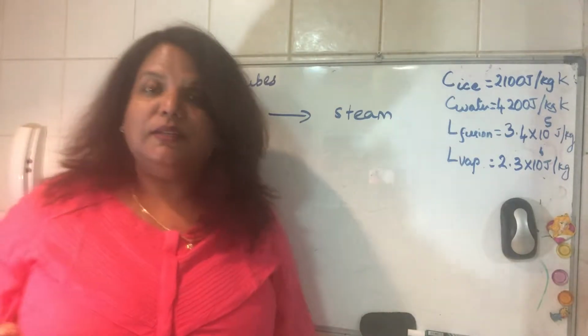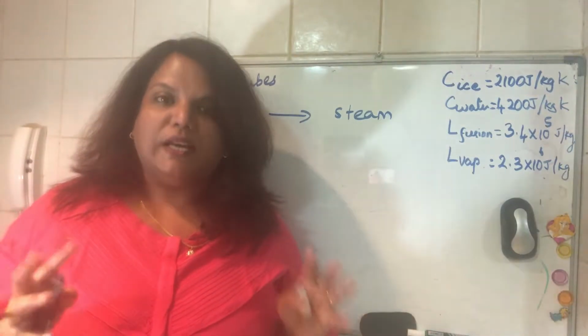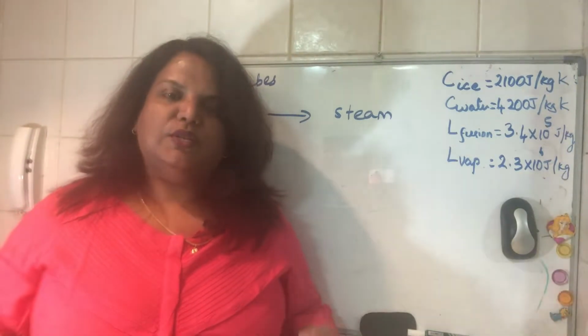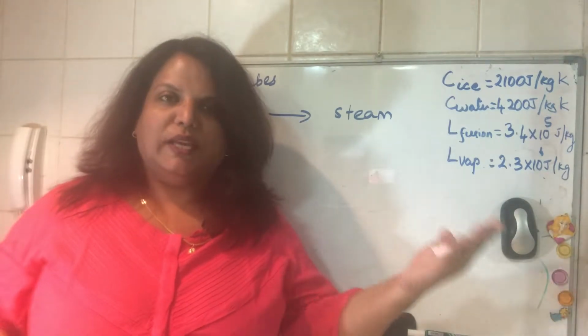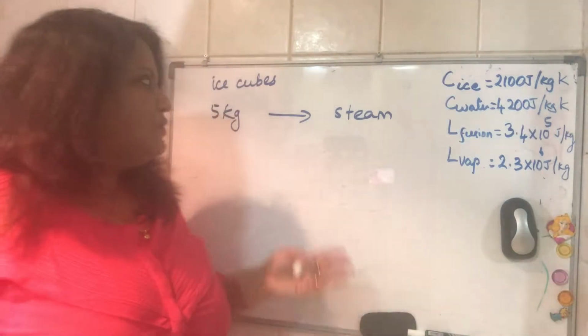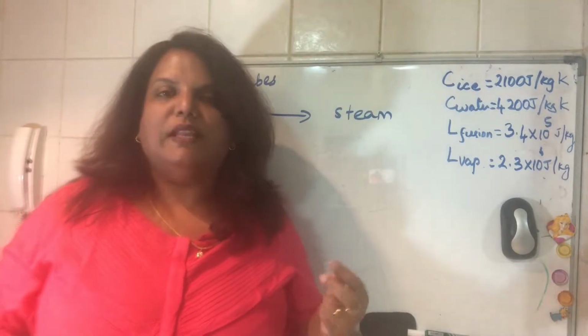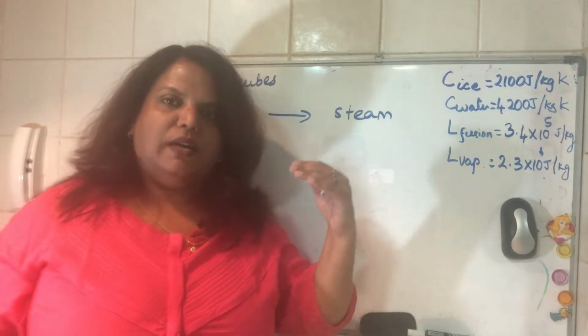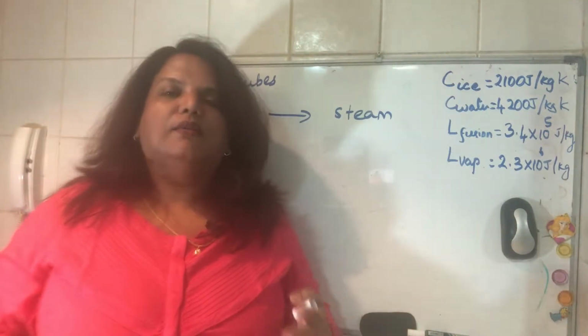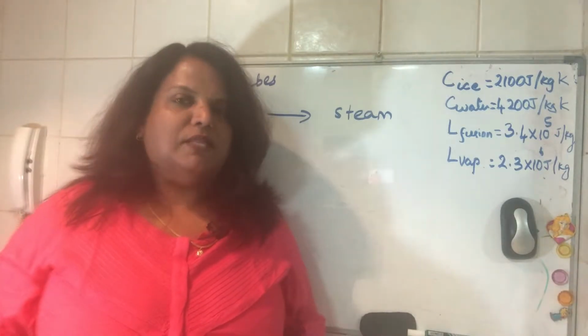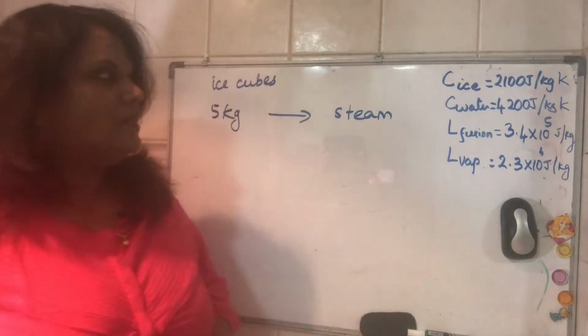The question is very simple. You want to convert all of it to the gaseous state and find the energy required. If you know how to go about it without any mistakes, then you will arrive at the correct answer.